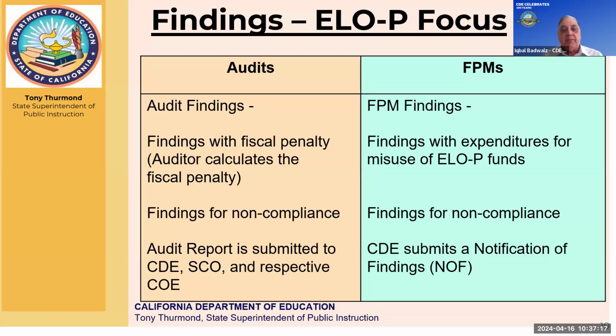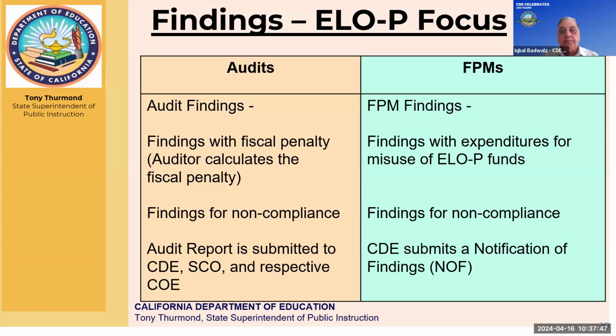Once we at the California Department of Education receive the ACES, 21st Century, ASSETs, ELO-P, ELO-G audit findings, one of our team members will reach out to you and suggest ways to resolve them. What we expect from you is a quick response back to us, a responsive approach, and we can work to take care of the audit findings.